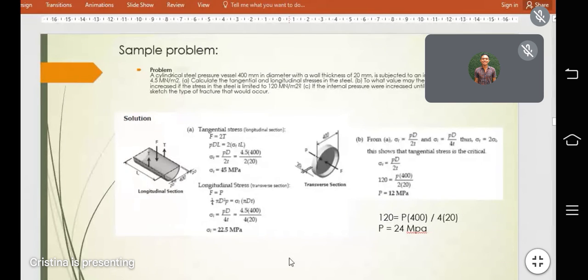But you just have to say one point for us to say we use tangential instead of longitudinal. Actually something related to the maximum, because we are limiting the stress here to 120 MPa. So what do you think?